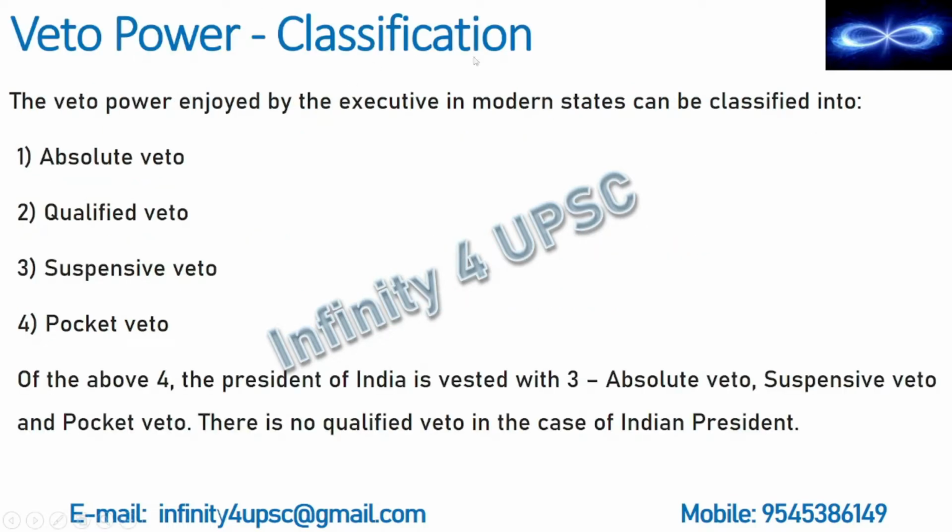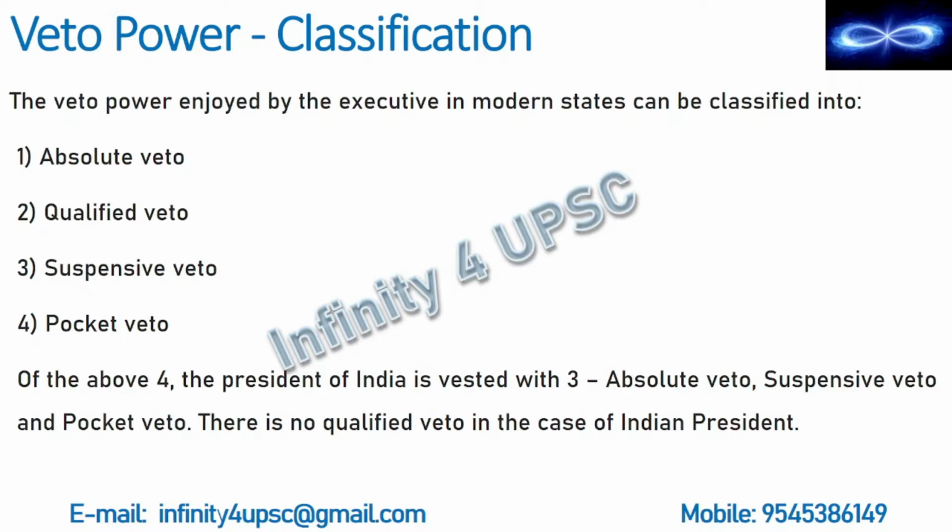The classification of veto power. The veto power enjoyed by the executive. Again, we have discussed, executive means the elected ministers. Executive in modern states can be classified into 4 types: absolute veto, qualified veto, suspensive veto, and pocket veto. So these are the 4 types of veto powers which are there in the modern scenario.